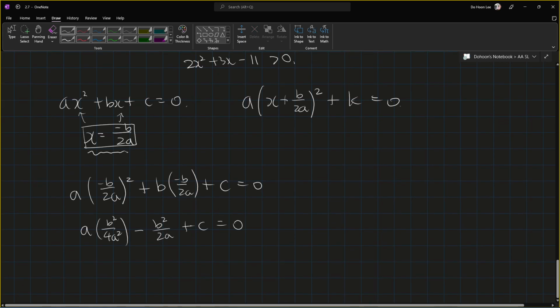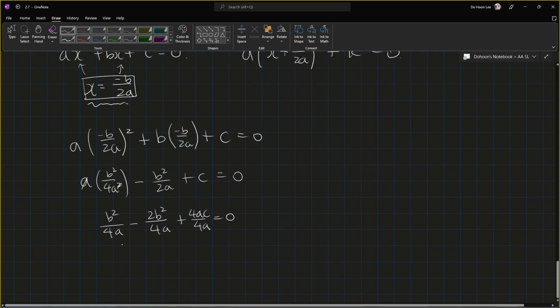At this point, I want to make everything the same denominator, so I'll put it as a 4a. Now I know that it's b squared minus 2b squared, which is negative b squared, plus 4ac.